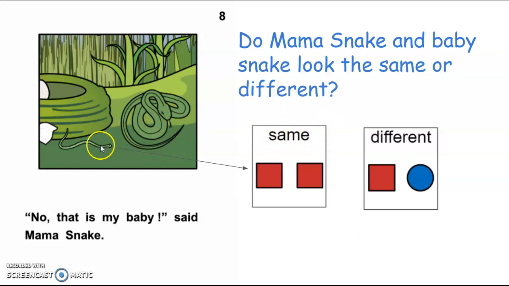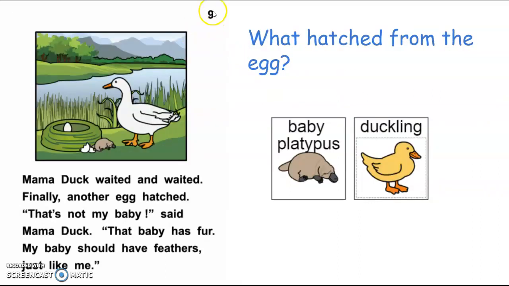They both are green and they both have long, thin bodies, and they both slither around on the ground. Good job, everyone. Okay, let's turn the page. We are on page number 9.